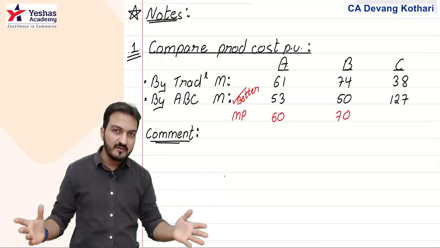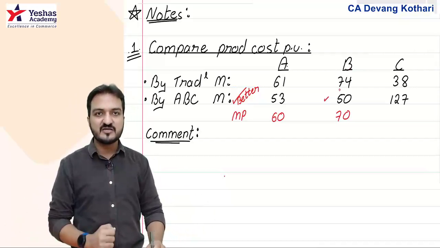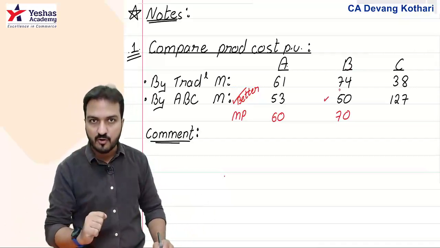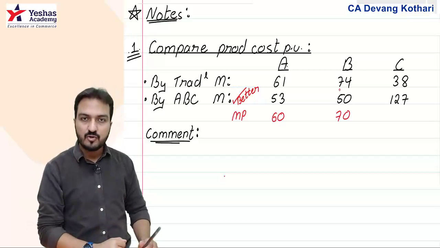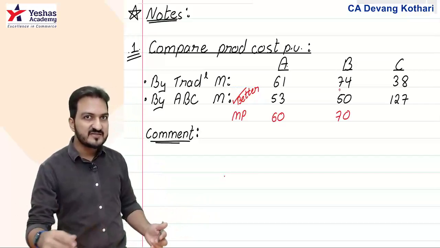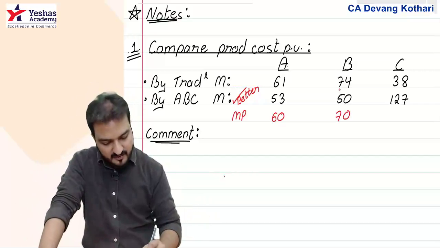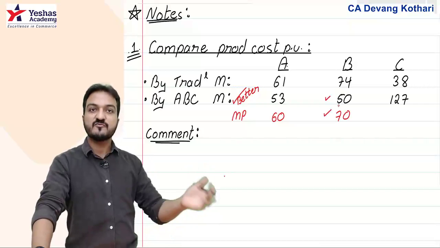Possible? Yes. But in reality, cost of B is only 50 rupees. You made a wrong estimate, because of which your decisions might go wrong. If you use ABC method, you will get a correct value of cost, and then your decisions will not go wrong. If you had used ABC method, you would know that in reality cost of B is only 50 rupees, market price is 70. Yes, it is a good product to sell.